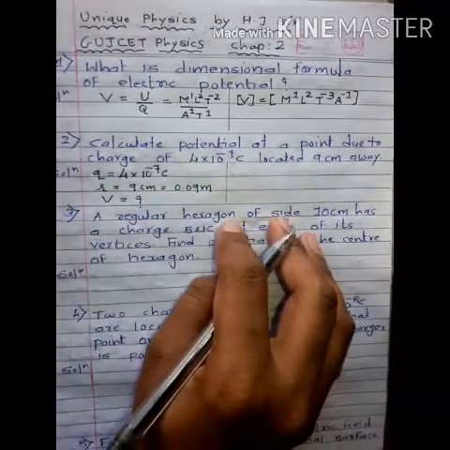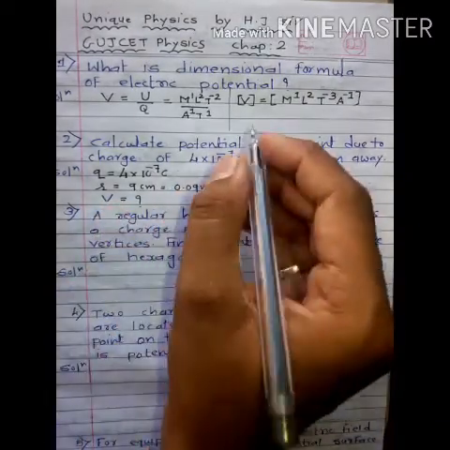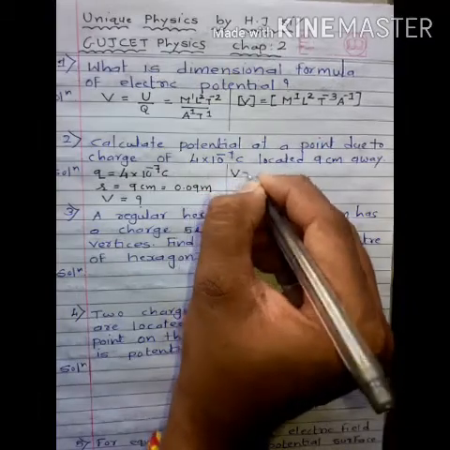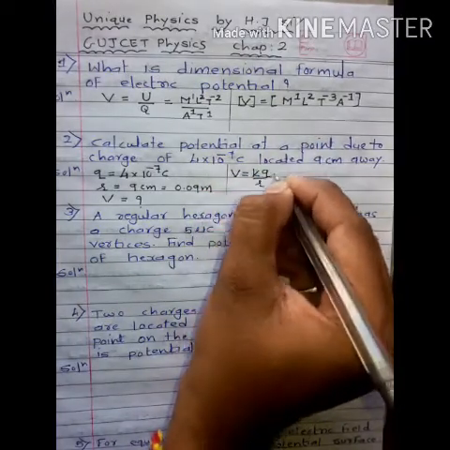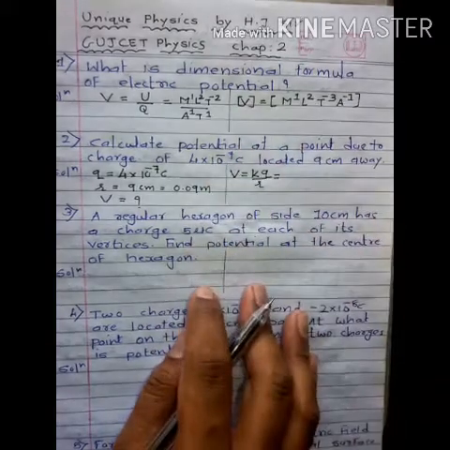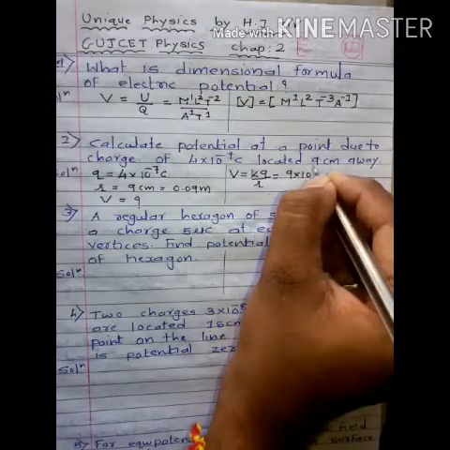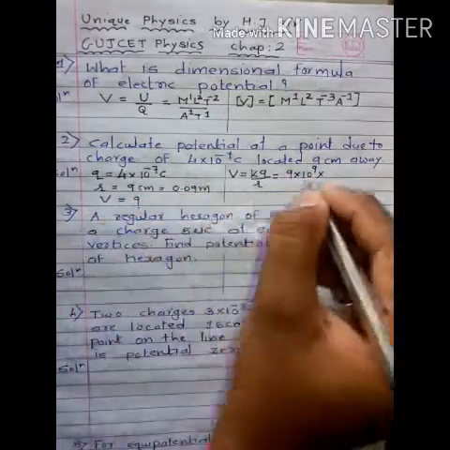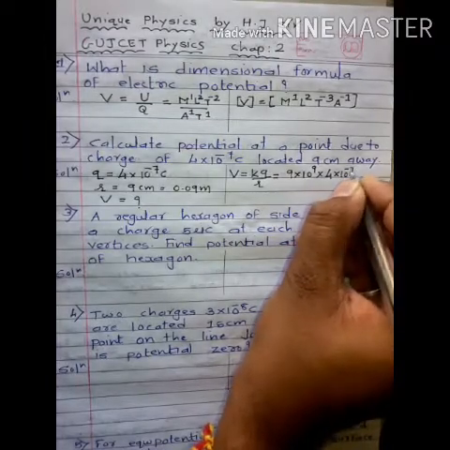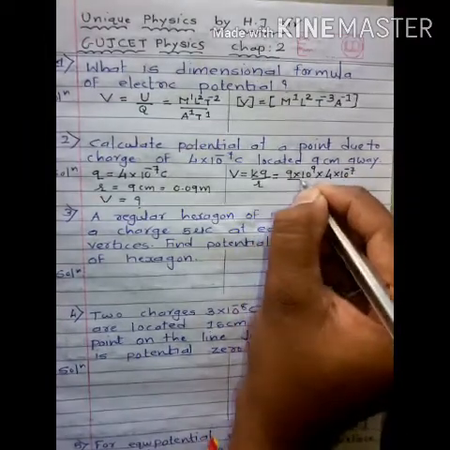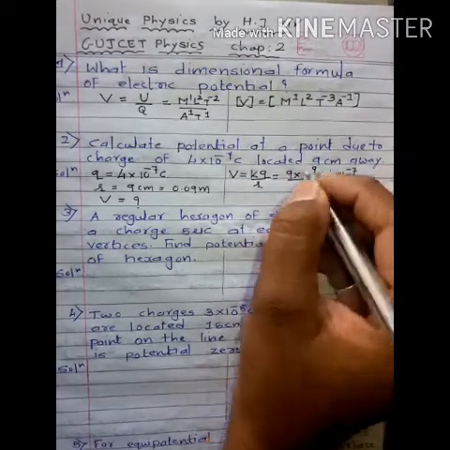Now here we use the equation of potential due to a point charge, and remember this equation: V is equal to KQ upon R. This is the equation of potential due to a point charge. K, Coulomb constant, 9 into 10 raised to 9. Q, charge 4 into 10 raised to minus 7, divided by distance R, 0.09.